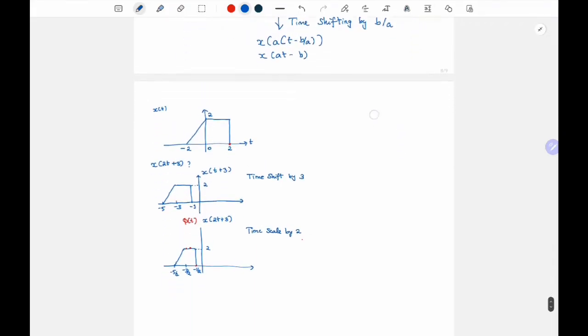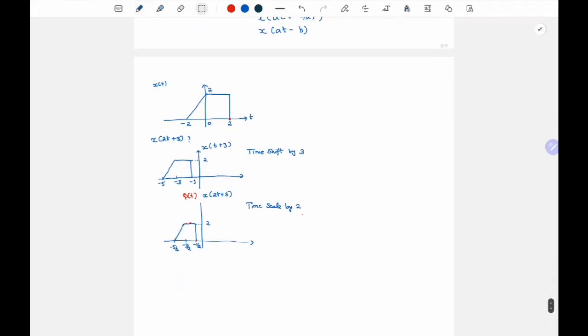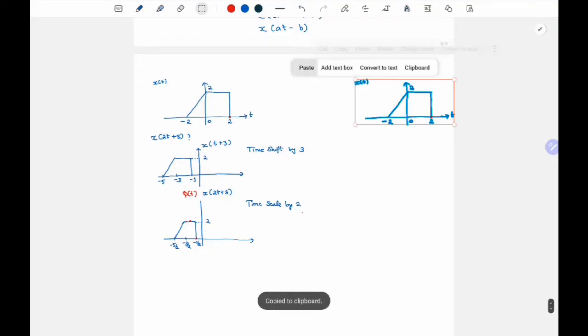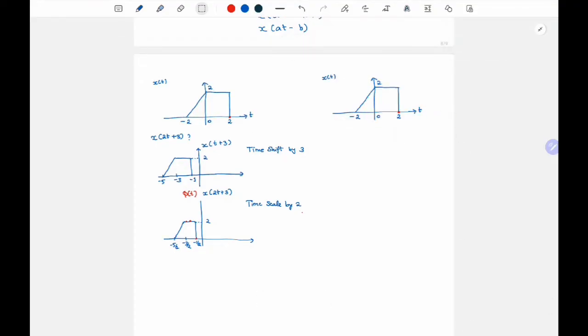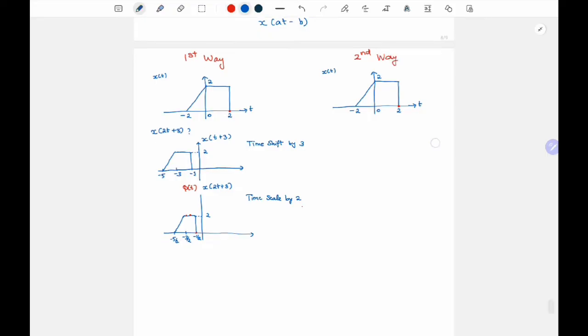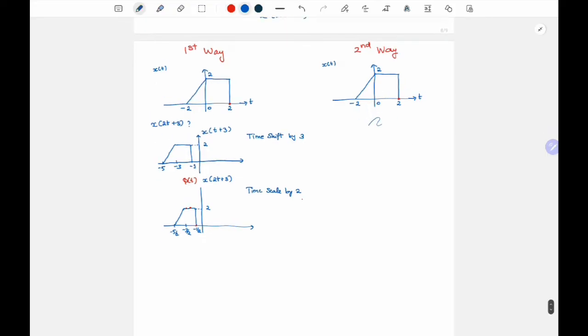Okay. So in the second case, I have the same x of t here. So it's first way and second way. So now I first time scale by a.